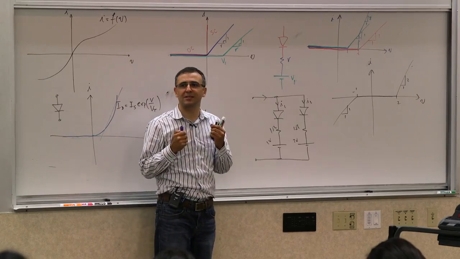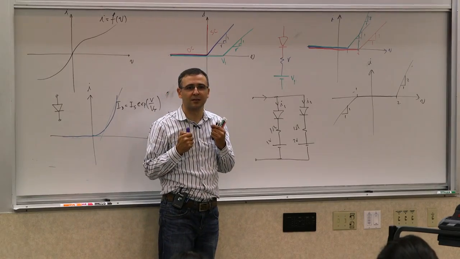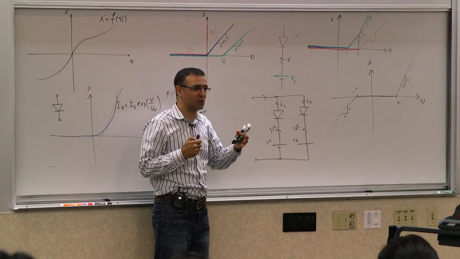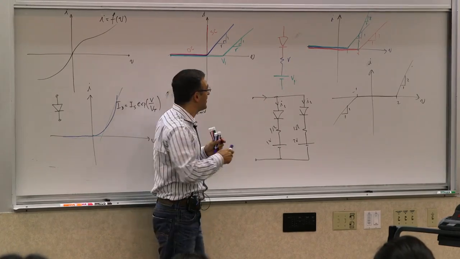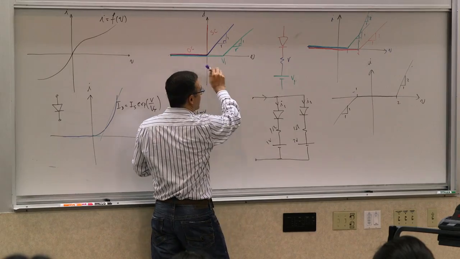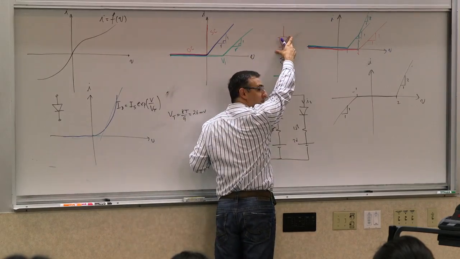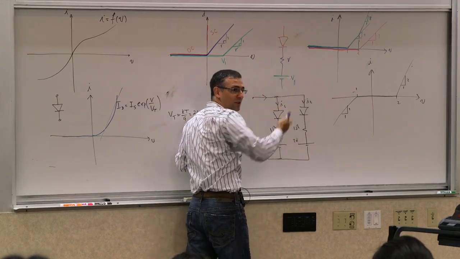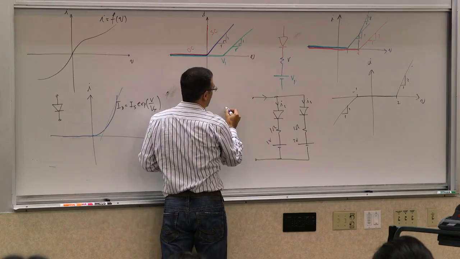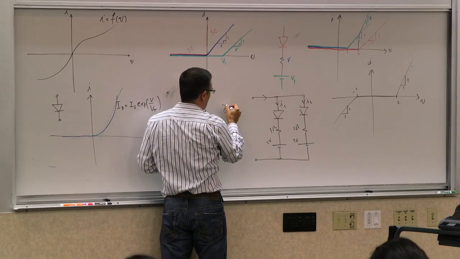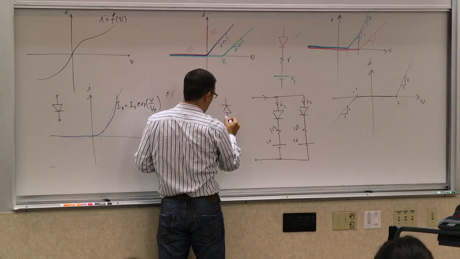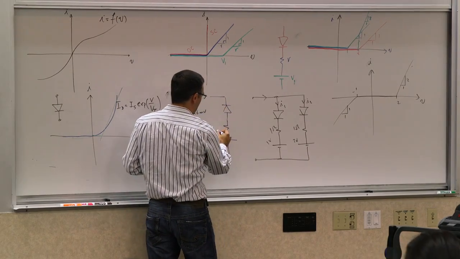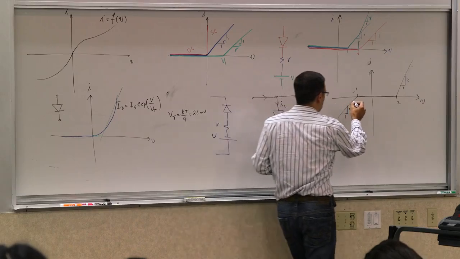I want everyone to think for a second before we answer. It's made out of the same components. I just need to do some variations on those. You want this transition to happen on the other side. So what is responsible for this transition? It's this guy, right? You put it upside down. If I put it upside down, put a resistor like this, and put an upside down voltage, this will produce something like that.